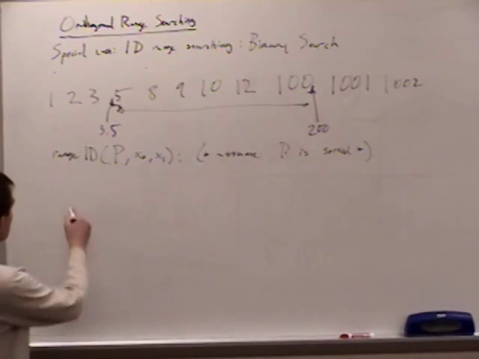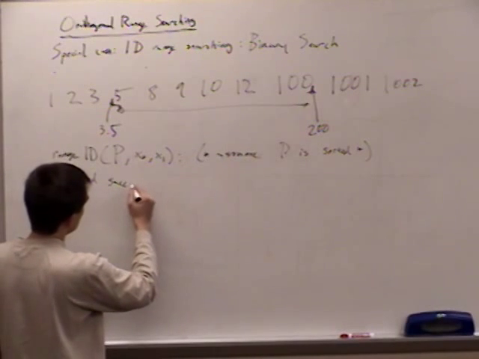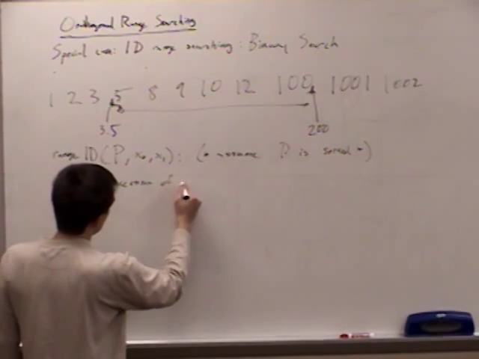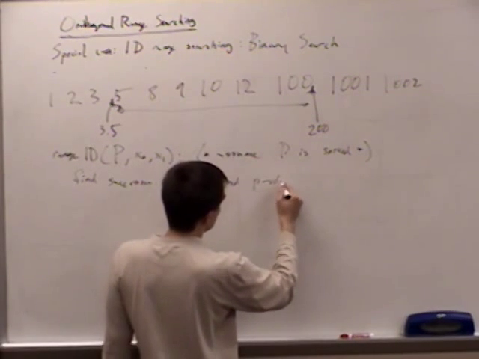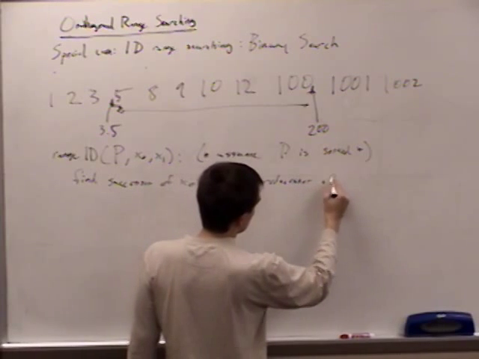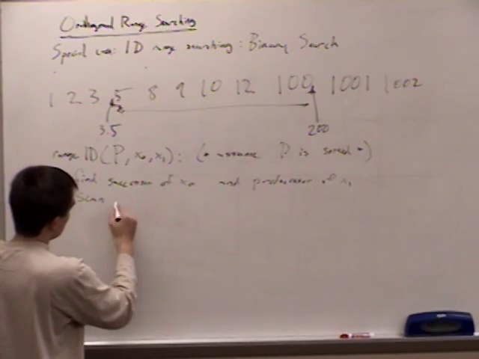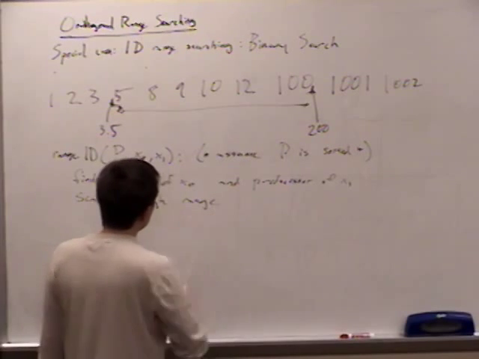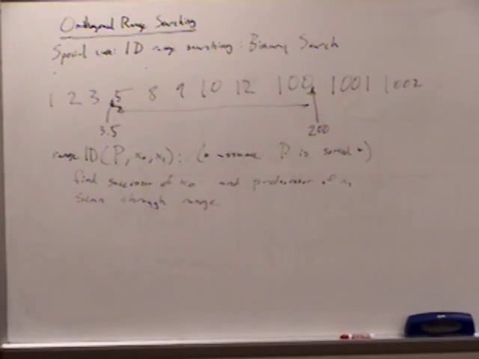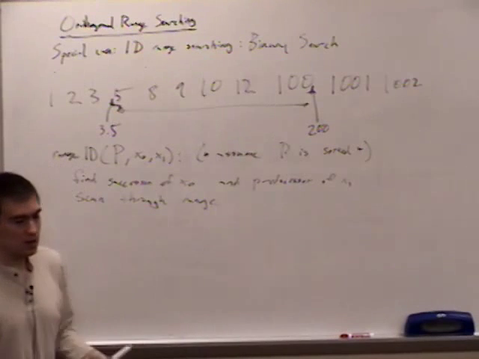So the way we do this is we find the successor of x0 and the predecessor of x1, and then we just scan through the range, right? So that's the idea. So all we need to have is some data structure where we can basically get these predecessors and successors efficiently, and we happen to know that a sorted list is good for that, right?